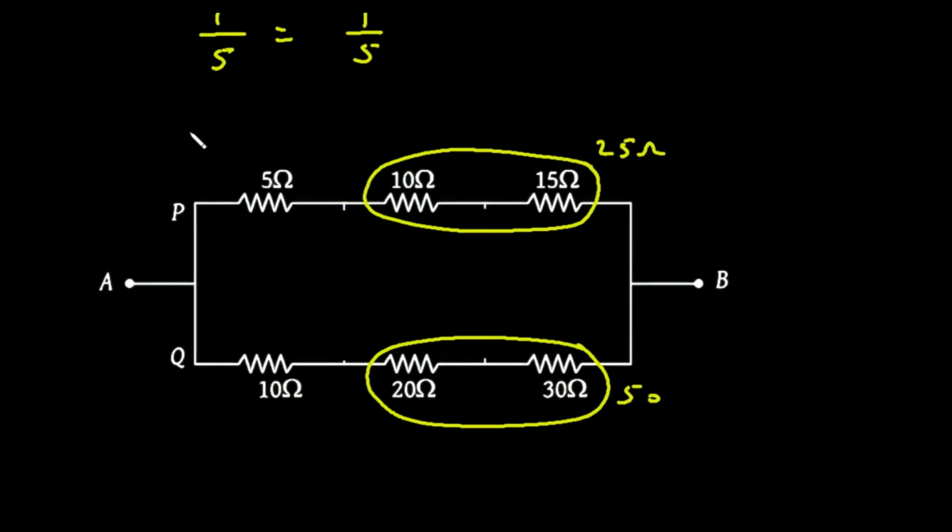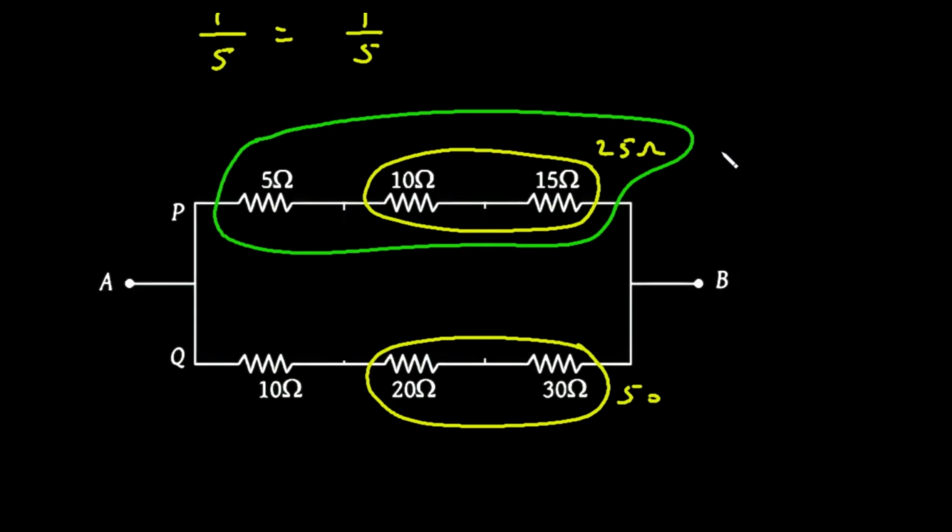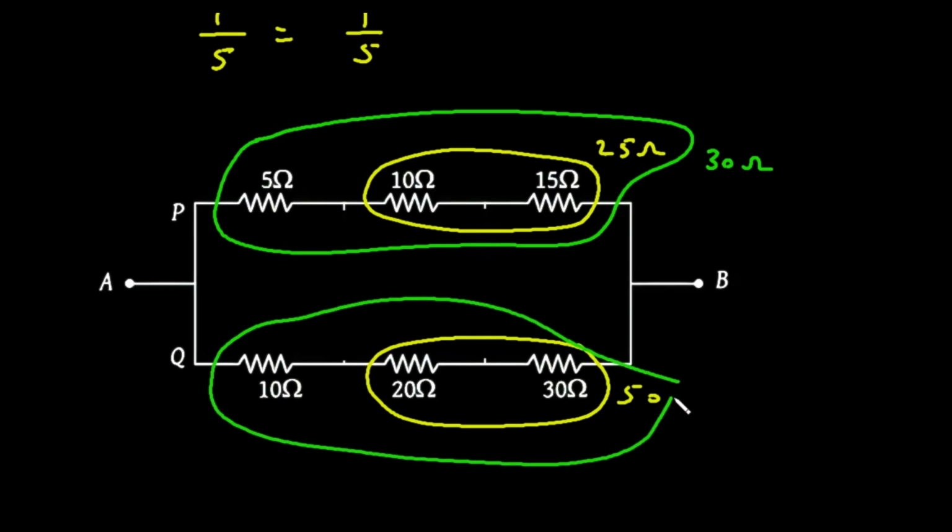Now here we can see this 5 ohm and 25 ohm are connected in series. So their equivalent resistance will be 5 plus 25 is 30, so it will be 30 ohm. And this 50 ohm and 10 ohm are connected in series. So its equivalent resistance will be 10 plus 50, it is also 60 ohm.